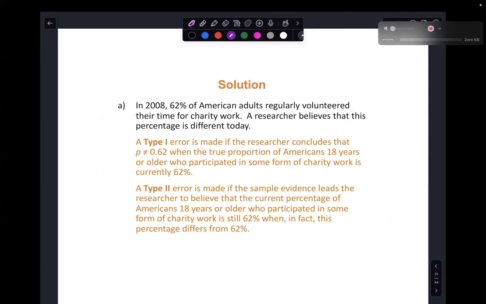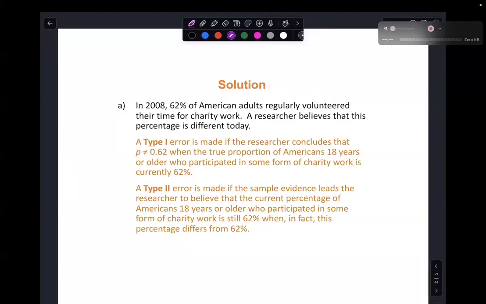A type 2 error: if the data shows that the number of people who volunteer for charity work is in fact not 62%, yet we don't reject the null hypothesis, then that would be a type 2 error.